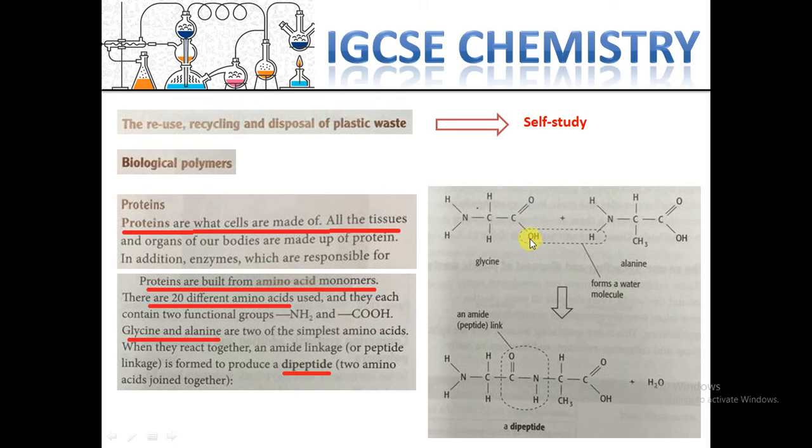So the OH or hydroxyl group of the carboxylic group can react with the hydrogen from the amine group to form a water molecule, and then the rest is a dipeptide. So please memorize this reaction structure, also keep in your mind. The type of link between these two monomers is an amide link.